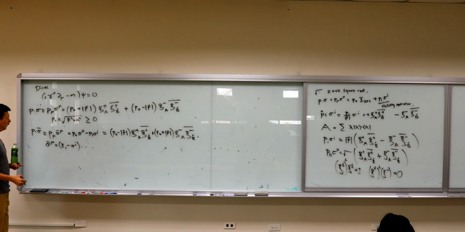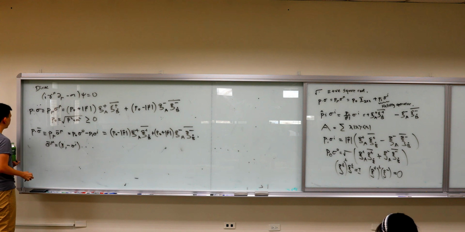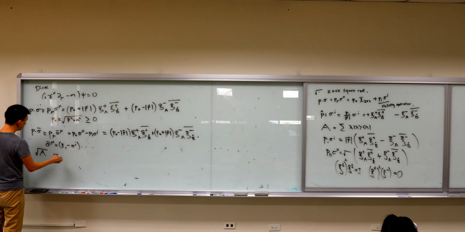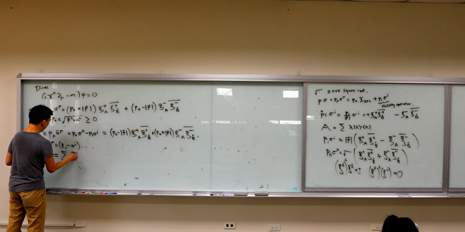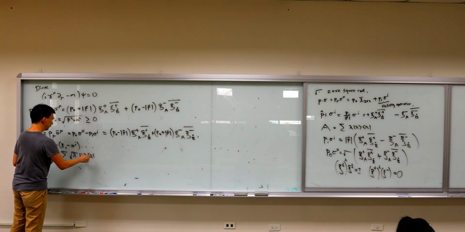Okay, so now the square root is easy to define, now that we know how to diagonalize these. So what does square root mean? When you take the square root of an operator, and if it's Hermitian, this just means that I take the square root of its eigenvalues, but then I sum it over the same states, right?